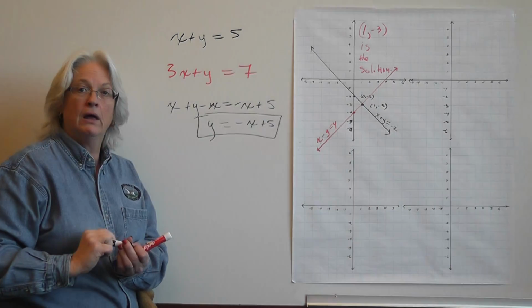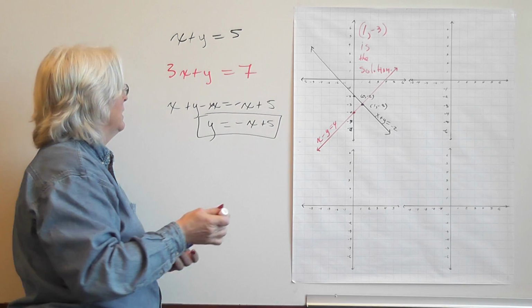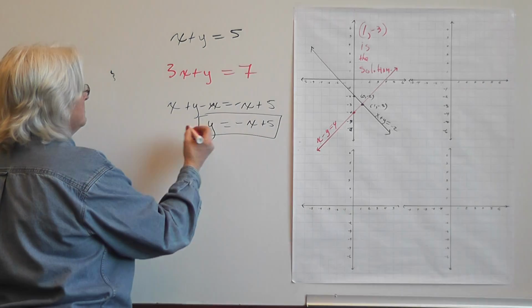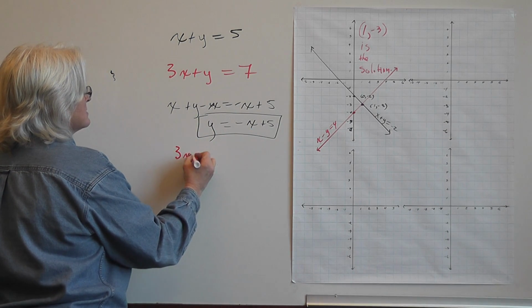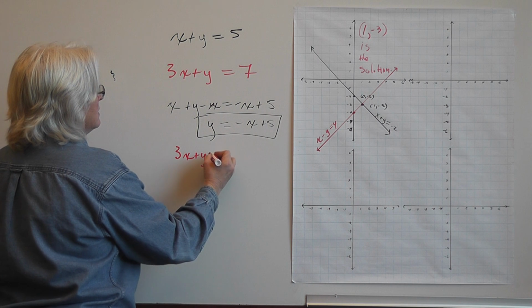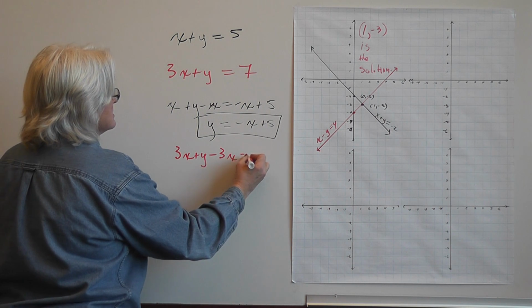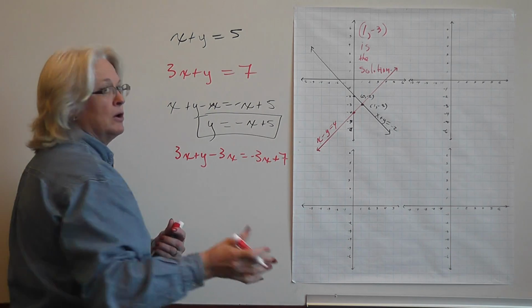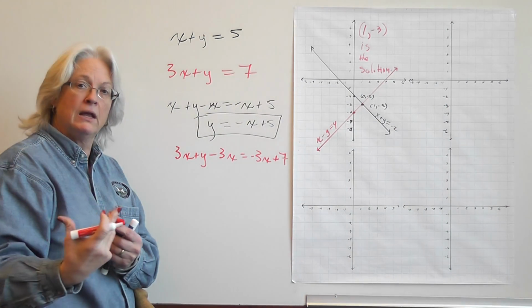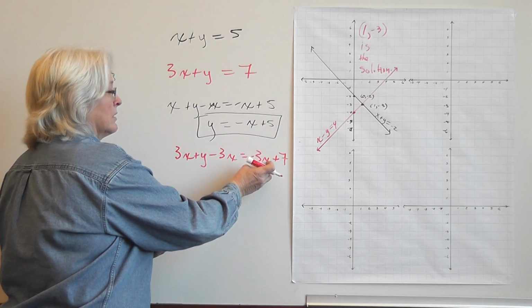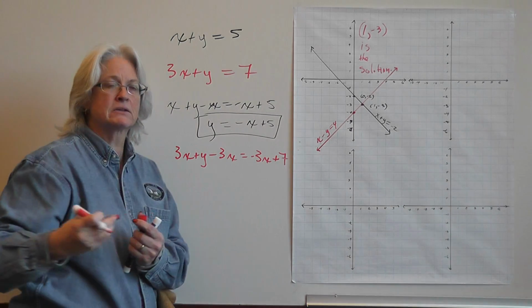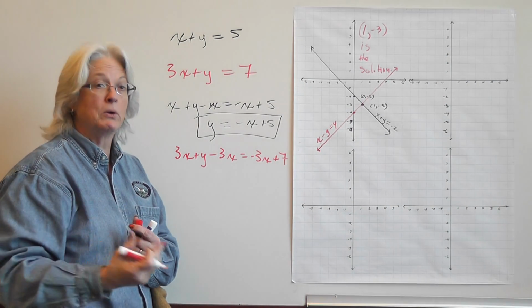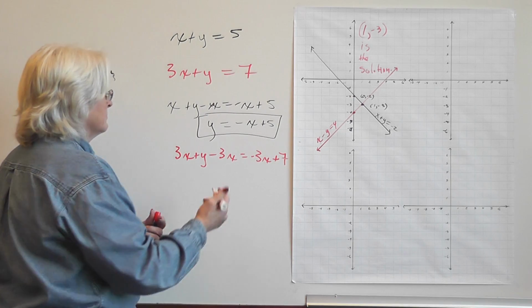Now I want to go ahead and solve the second equation for y. 3x plus y minus 3x is equal to negative 3x plus 7. Remember, on your right-hand side of the equation, you want your expression containing the x to come first because we're putting this in the slope-intercept form.